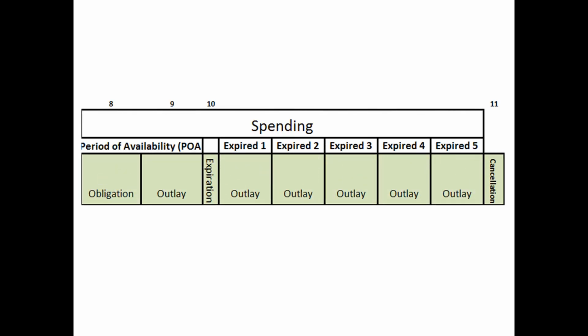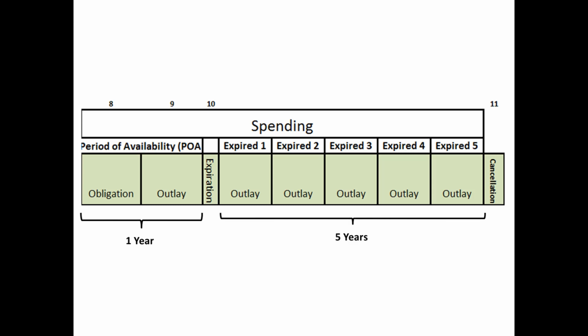By law, annual appropriations have a life of 6 years. They have 1 year to obligate funds and 5 additional years to pay for those obligations, make adjustments, and so forth. 6 years total. Why 6 years?